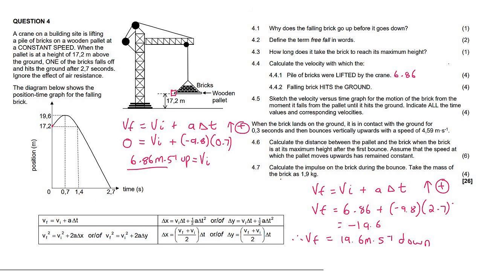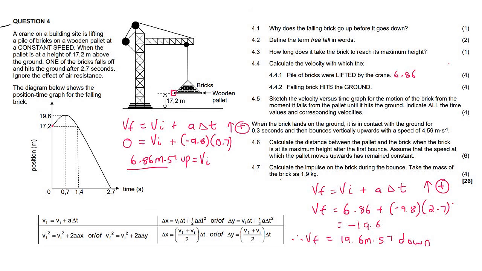If you are a student who started over here instead, then your initial velocity would be 0, but the time that you use would be from here to here, so it would only be 2 seconds. Okay, but you would get the same answer. Now, there might be some of you saying, Kevin, what is going on? How can the final velocity in this one be 0, but now the final velocity is 19.6?